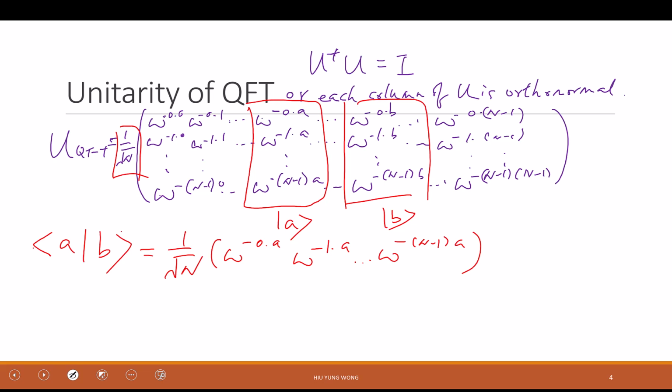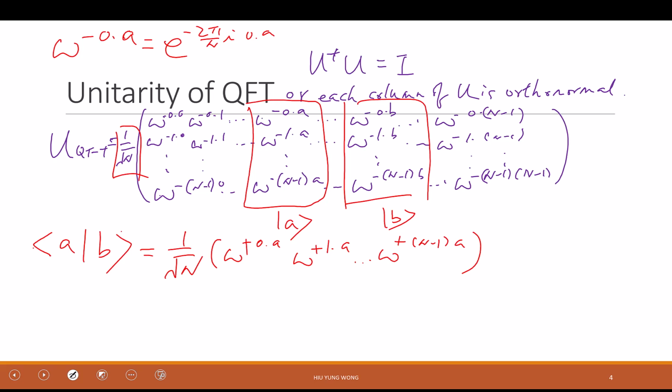From here, you don't see the i, but because we encapsulate it in omega, we do need to put the conjugate. Because if we spell out omega negative 0 times A, it is actually equal to e to the power negative 2 pi over n i times 0 times A. So if you do conjugate, I do need to make this negative become positive.